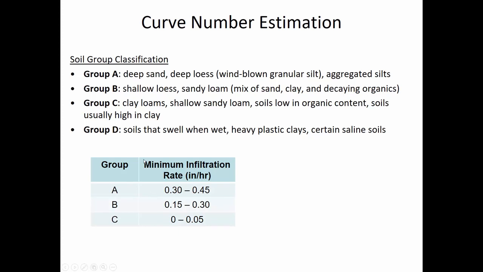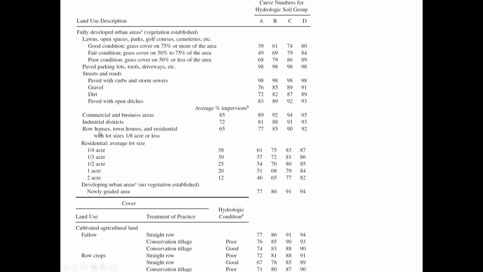So the name of the data set that we're after to get this when we go to a GIS database is called hydrologic soil group. And so the hydrologic soil group will tell us this A through D rating. And then we combine the hydrologic soil group with these land use descriptions.